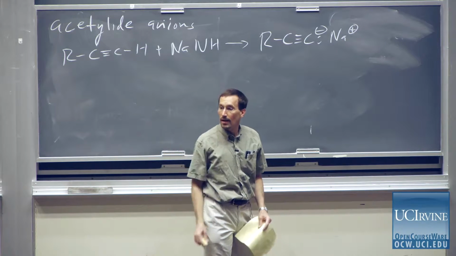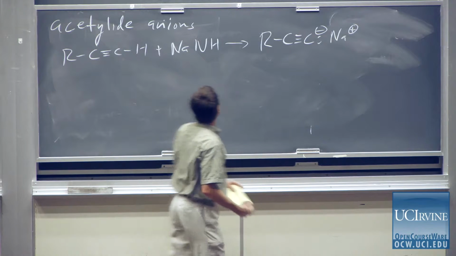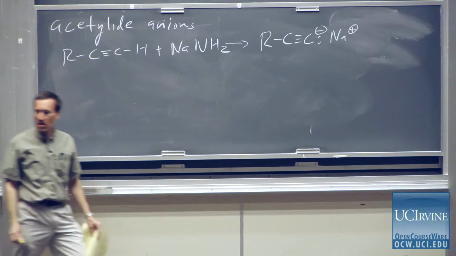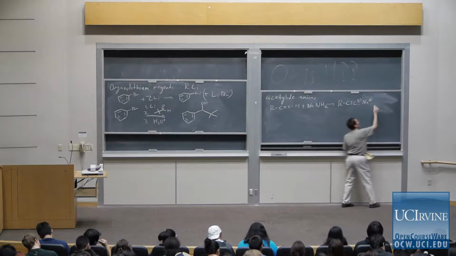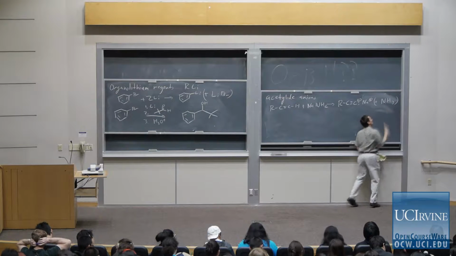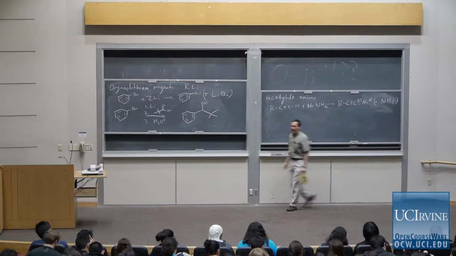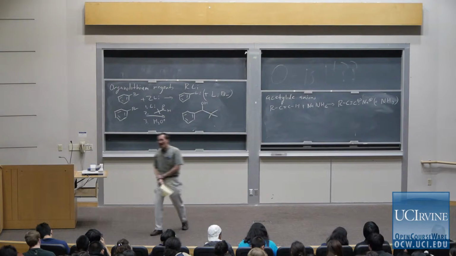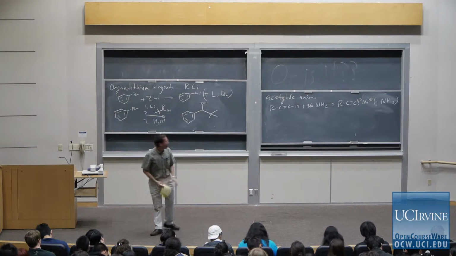Sorry, is it NH2 or NH? Great. NH2. NaNH2 is sodamide. And if I'm going to balance my equation, and as I said, organic chemists are usually very bad about this, ammonia, thank you. Thanks very much. Ammonia is the other byproduct of the reaction.